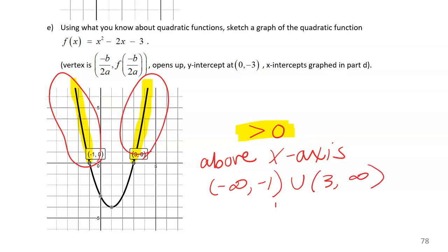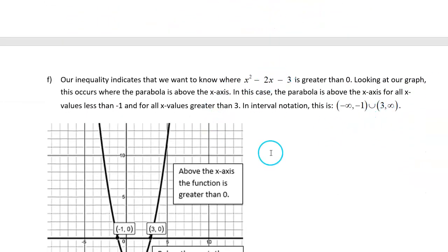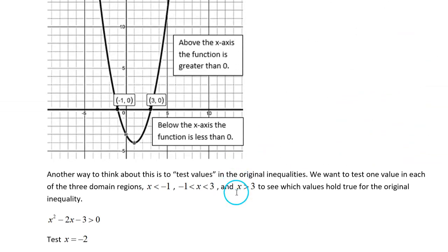And notice we are using parentheses here because it is just a greater than, and we are not including this spot right here on the axis because that would be equal to 0. We're just greater than 0, so we have to use our parentheses on the -1 and the 3. On the next page they actually have that interval there for you.